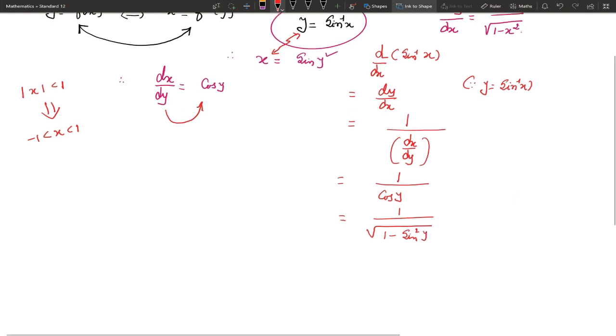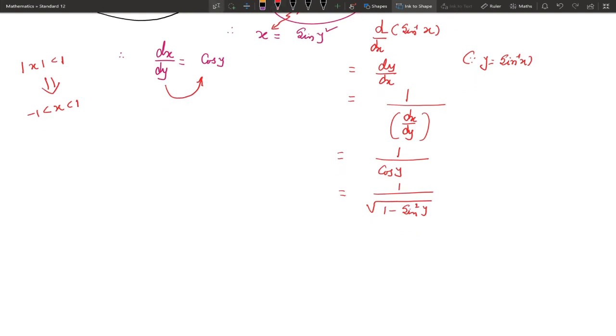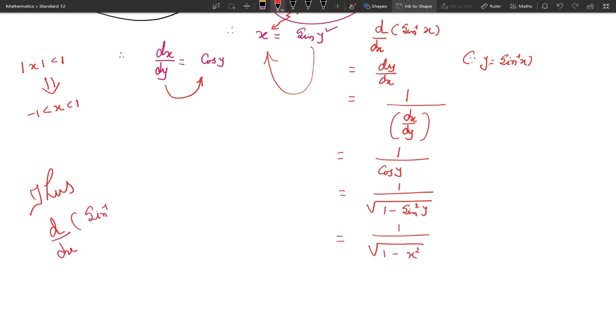Sin y is nothing but x. So this is 1 upon under root 1 minus x square. Thus d by dx of sin inverse x equal to 1 upon under root 1 minus x square.